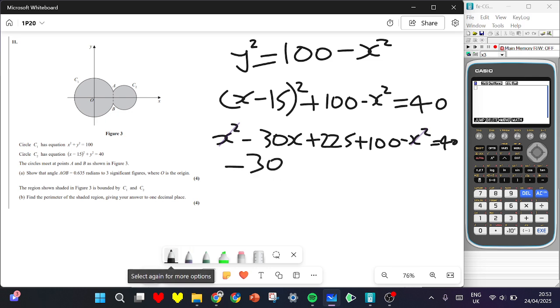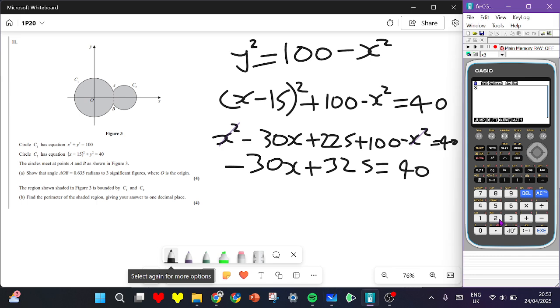And then we'll have minus 30x plus 325 is equal to 40. Since there's not any x squared or anything, we can just rearrange this to be in terms of x. Let me use a calculator.